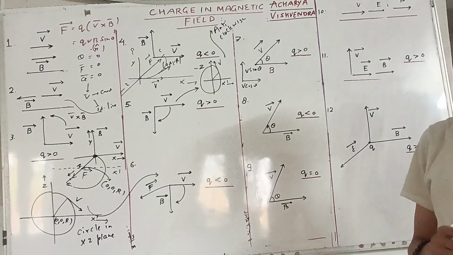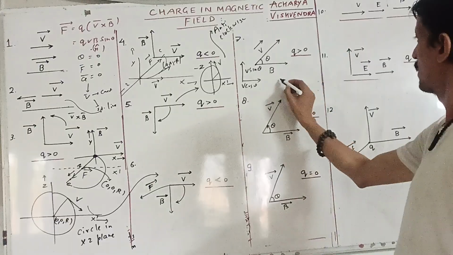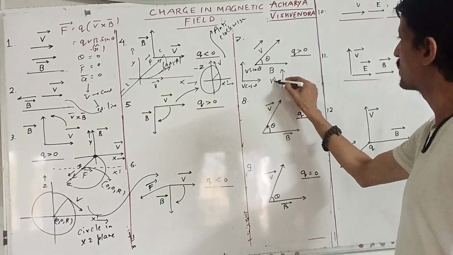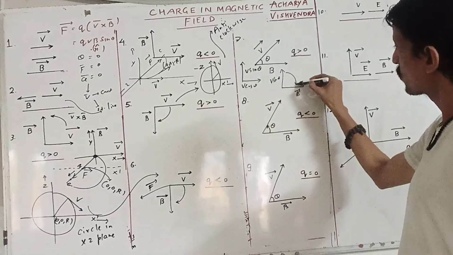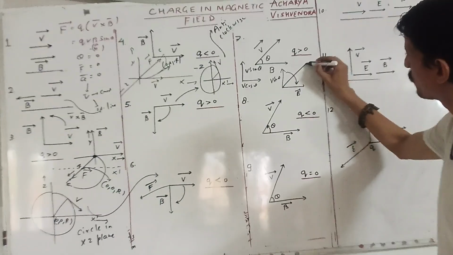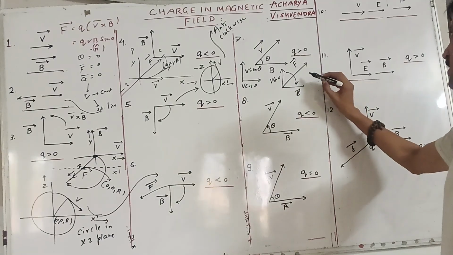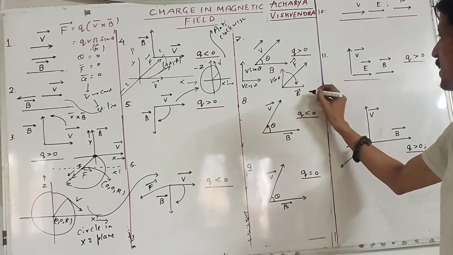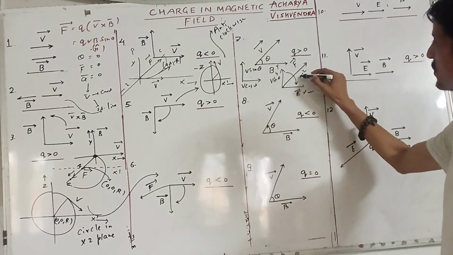So its locus will be a helix, and here, if I say this is your v sin theta and this is your magnetic field, then v cross B here will be clockwise, so it will be down the plane. So the force will be like this, and the particle will move in this plane. You can say this is the x axis, this is your y axis, and this is your z axis.